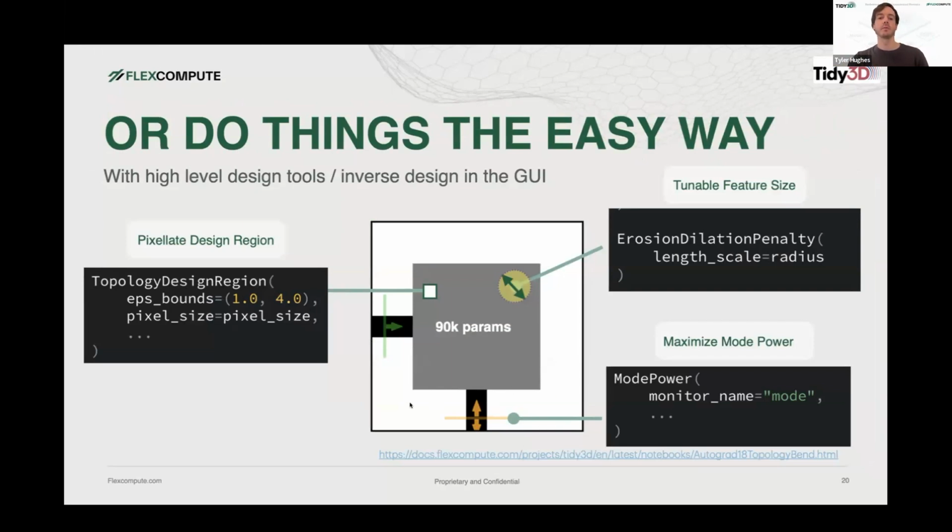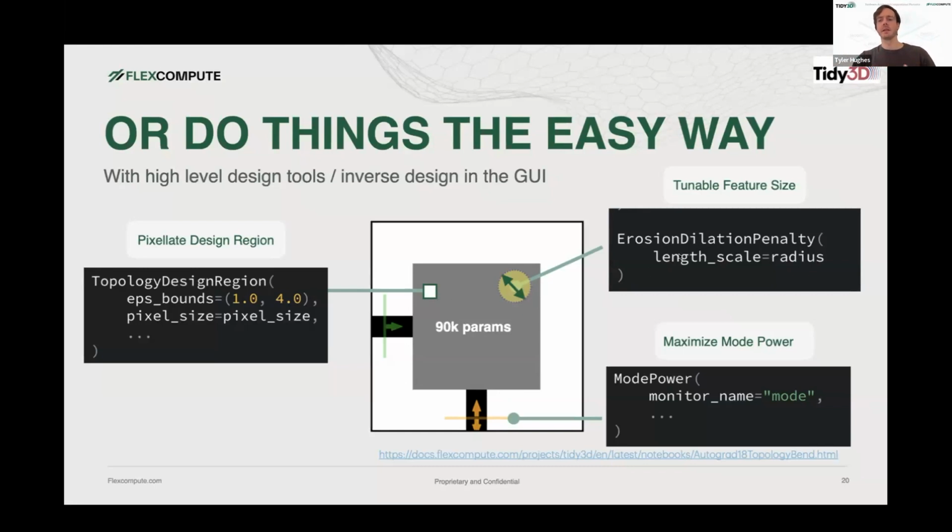The idea here is you might have some regions that you want to design or optimize, so you can simply specify these regions at a high level. For example, if I'm doing this waveguide bend, I might say that this gray box is my design region. I'm going to split it up into a bunch of pixels, and I want the pixels to go between, let's say, air and epsilon of 4. I can set that up very easily.